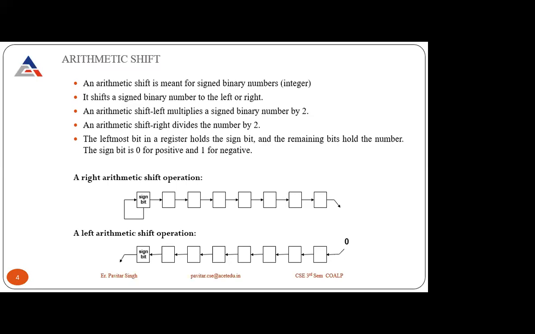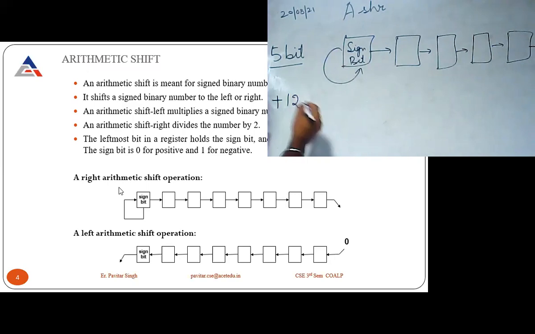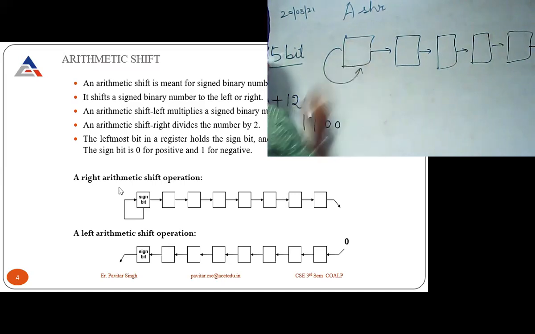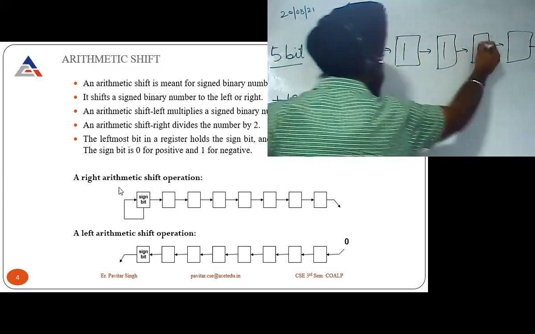How are you going to write plus 12? 1100, and for plus your 5th bit will be 0. Sir, for plus it will be 0. Yes, it will be 0. Very good. So here you have 0, 1, 1, 0, 0.